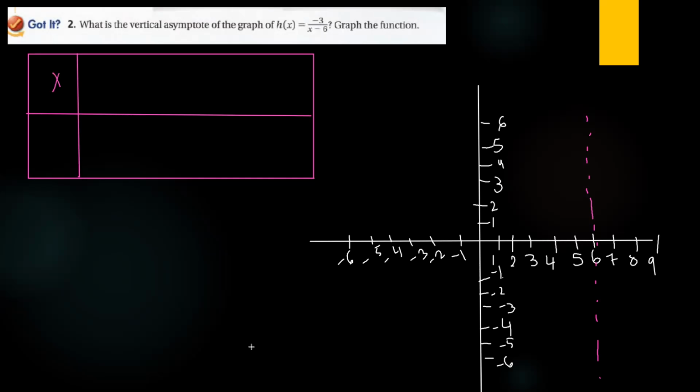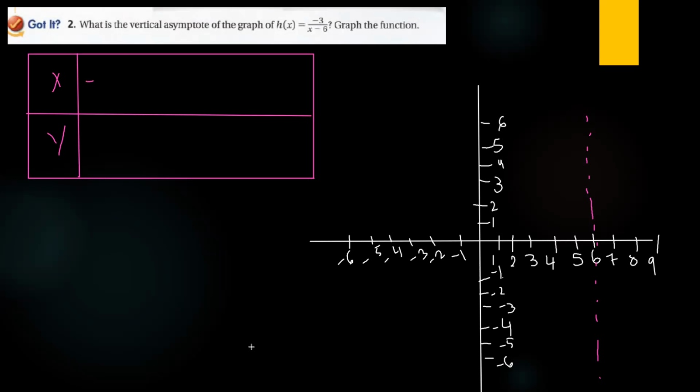Now, this is x and this is y. Who can give me the numbers that I can plot x for? 1, teacher. 1. 0. Let's try from negative 5. Let's take negative numbers, please.